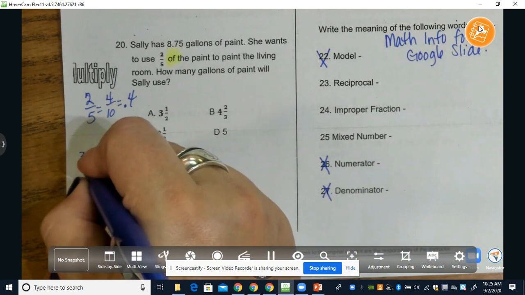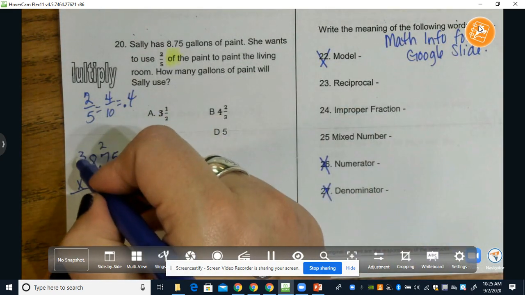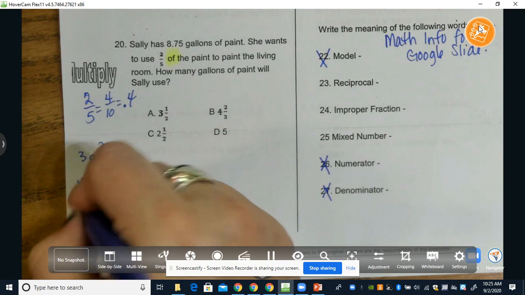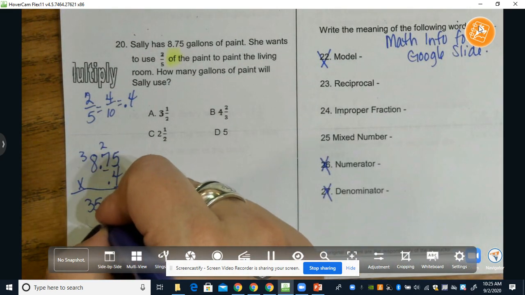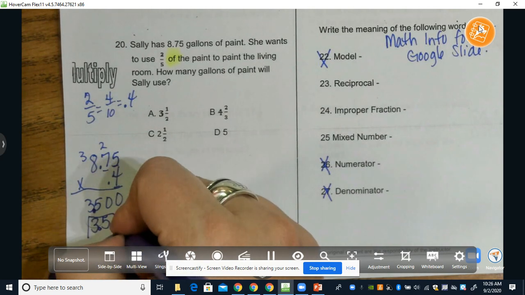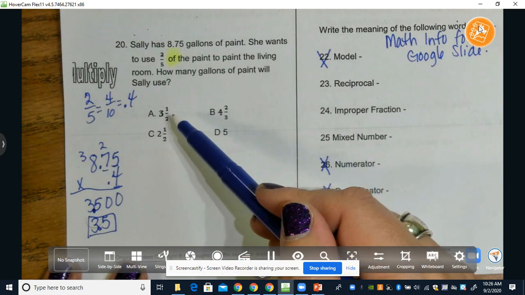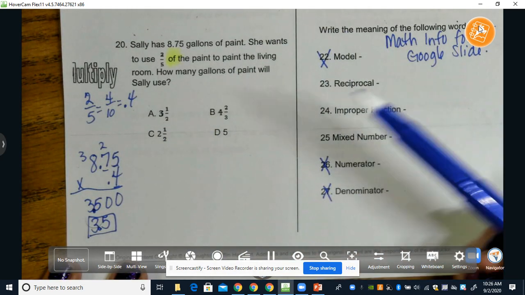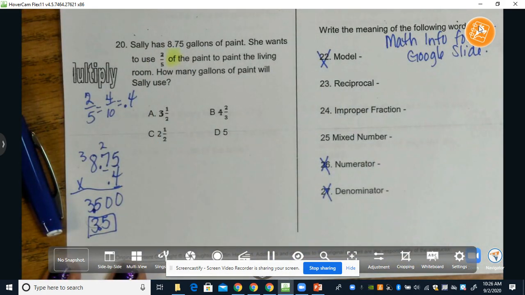Drop a 0, carry a 3. 4 times 8 gives me 32, 33, 34, 35. And we need to have 3 numbers after my decimal. So 1, 2, 3. So my answer would be 3.5. And so if I look, there's only one answer that gives me 3.5. So my answer would be A. That's one way you can do that. And the second way is doing it as a fraction.